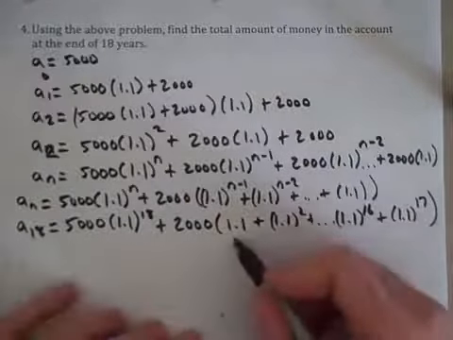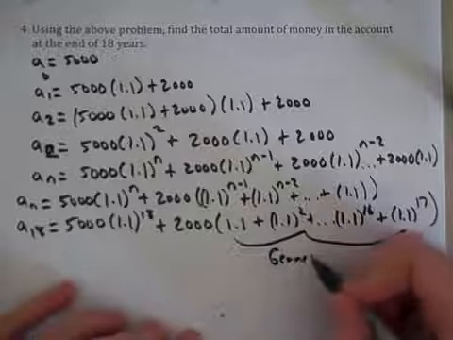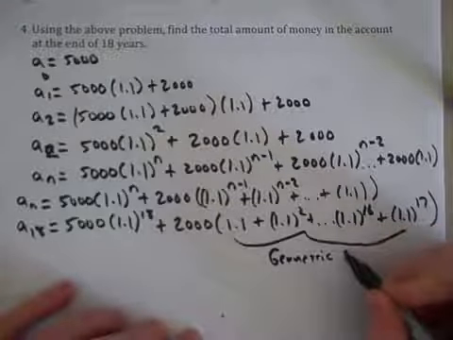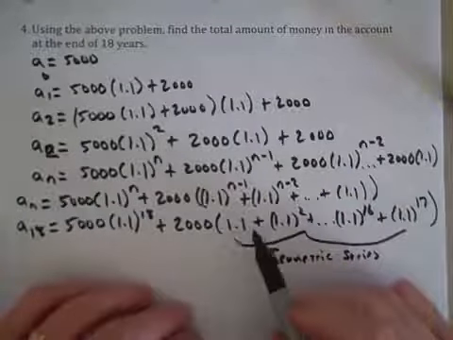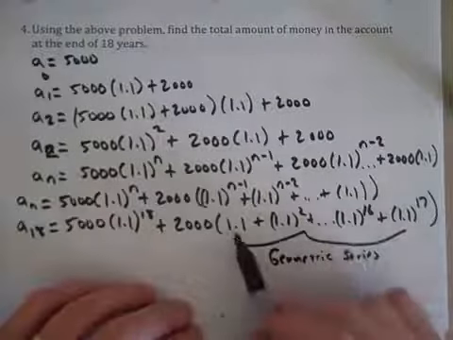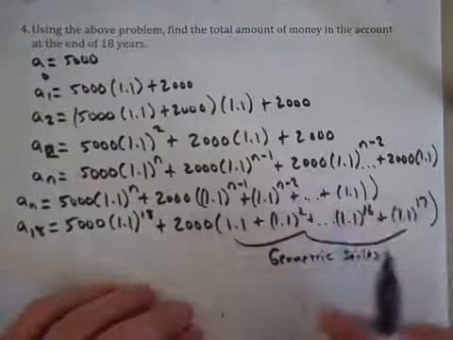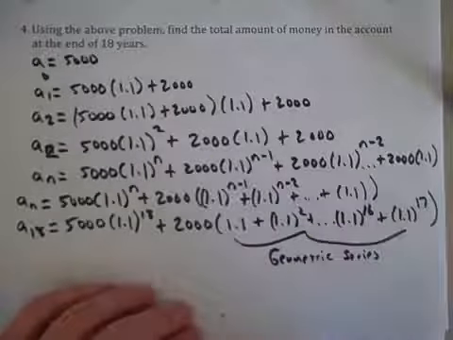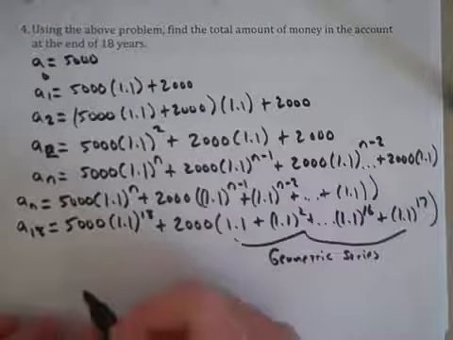This is a geometric sequence. I said it wrong twice now. Geometric series. Okay, you can find the common ratio. The first term will be 1.1, and you can find the sum of 1.1 plus 1.1 squared plus dot dot dot 1.1 to the 16th, 1.1 to the 17th. So let's see.